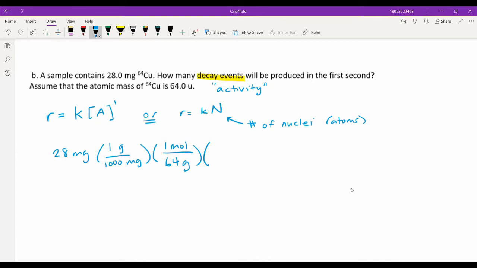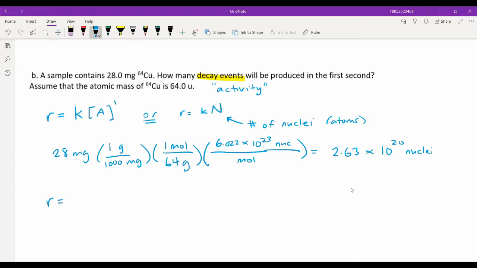That's what you would use the periodic table for if it was normal elemental copper. And then we have Avogadro's number that we want to use, because we want nuclei or atoms as our final unit here. So we have 2.63 times 10 to the 20 nuclei or atoms in our 28 milligrams of this copper-64.